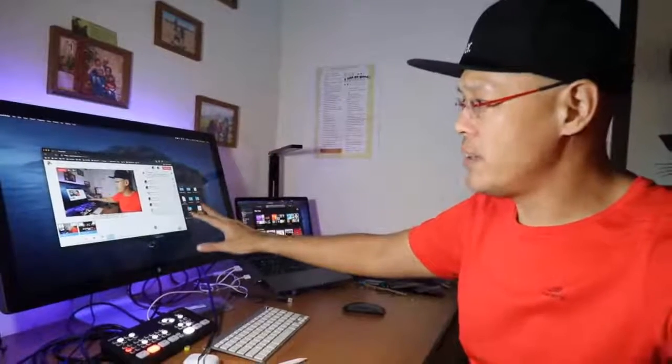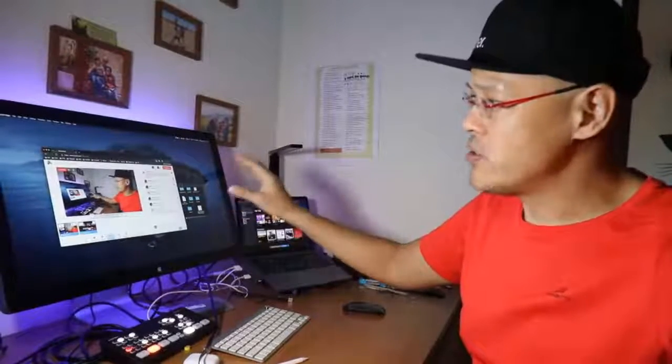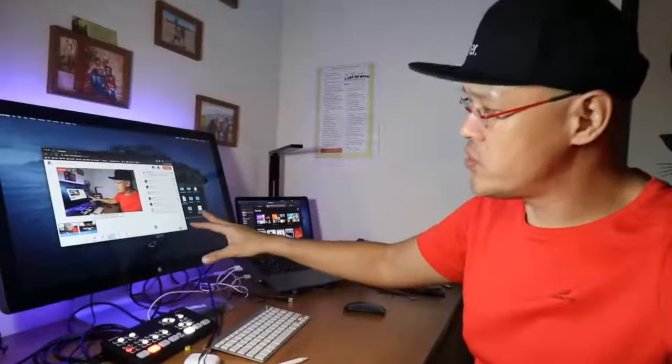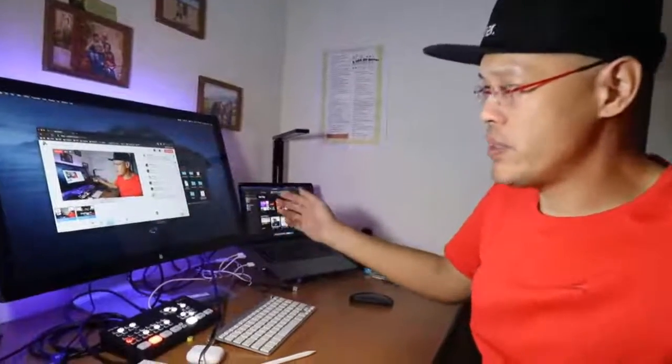And I have this really old Apple Cinema Display, and this one really gives me the ability to see a full screen and multiple screens.